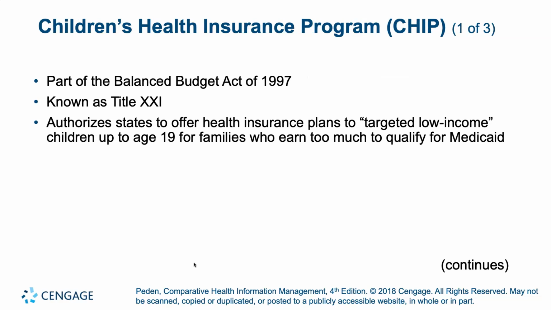Then in 1997, the CHIP program, the Children's Health Insurance Program, was modified, and it authorized the states to offer health insurance plans targeted to children up to age 19, for families that do not qualify for Medicaid. CHIP is sort of a safety net program: you've got Medicare, Medicaid, and then you've got CHIP.